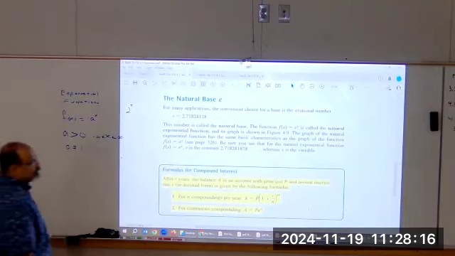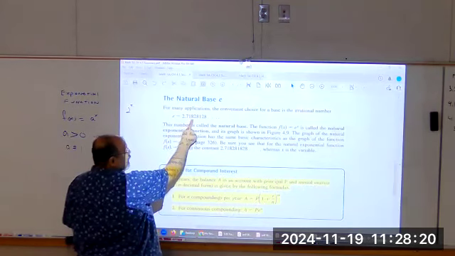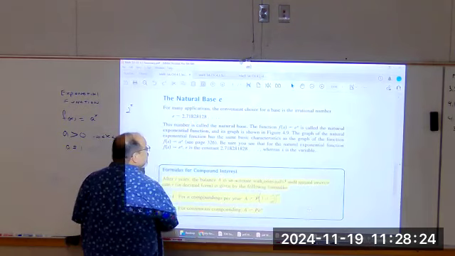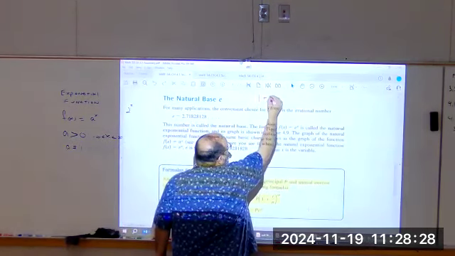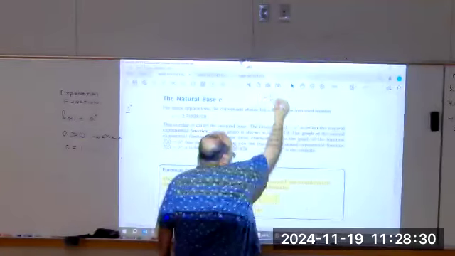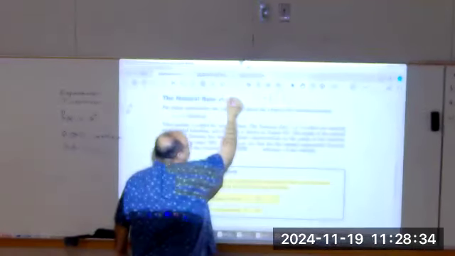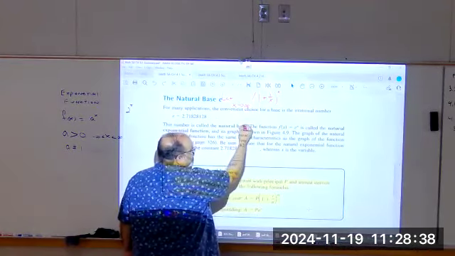It's known as the natural base. It's approximately 2.7182828, and it's what you get if you take 1 plus 1 over x to the x power, and you let x approach infinity.